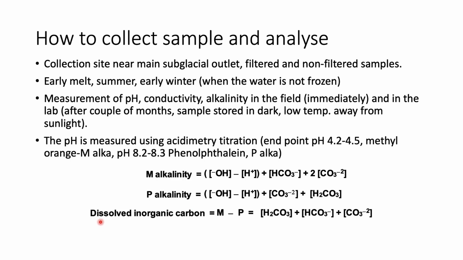When we want to calculate the dissolved inorganic carbon, we subtract P from M. That means P-alkalinity is subtracted from M-alkalinity, which directly gives no hydroxide ion concentration. That clearly tells us we are only dealing with inorganic carbon: carbonic acid, bicarbonate anion and carbonate anion. So this gives the total dissolved inorganic carbon present in the water which we are analyzing.